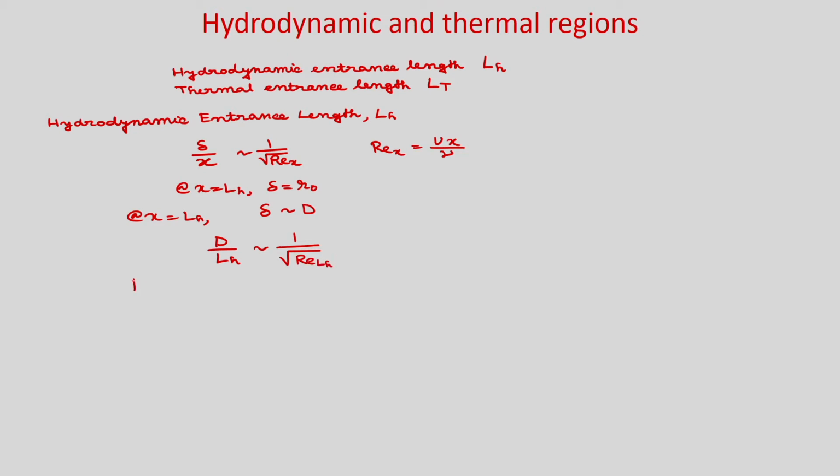Now Re_Lh is u average, or u mean, times the entrance length L_h divided by nu.